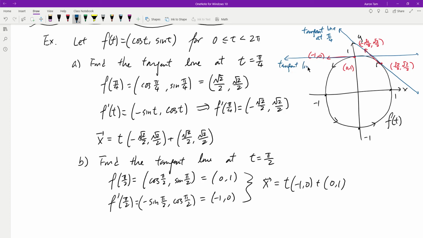And so our second tangent line would be this one. This is our second tangent line at pi over 2. Notice that both of these fall into the expectation that we think it should. Remember, math has to be internally consistent. So it's consistent with the geometry that we think should happen.